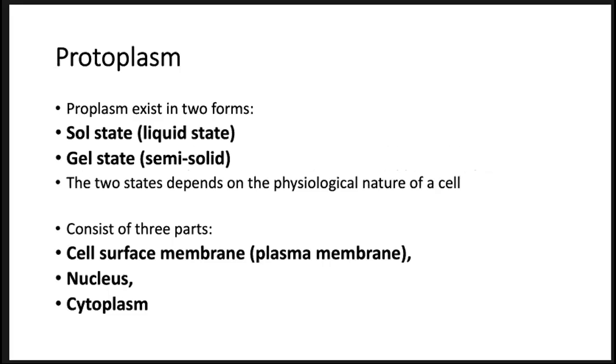One is the sol state, which is the liquid state, and the other is the gel state, which is the semi-solid state. These 2 states depend on the physiological nature of a cell. And protoplasm consists of mainly three parts: the plasma membrane, otherwise known as the cell surface membrane, the nucleus, and the cytoplasm.